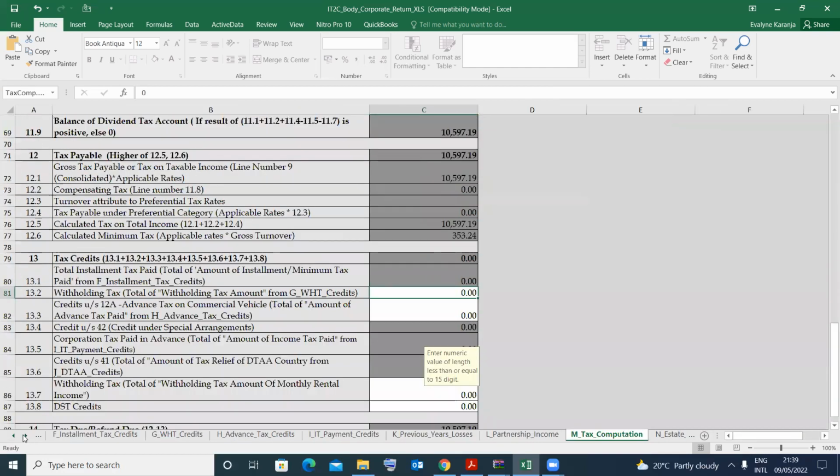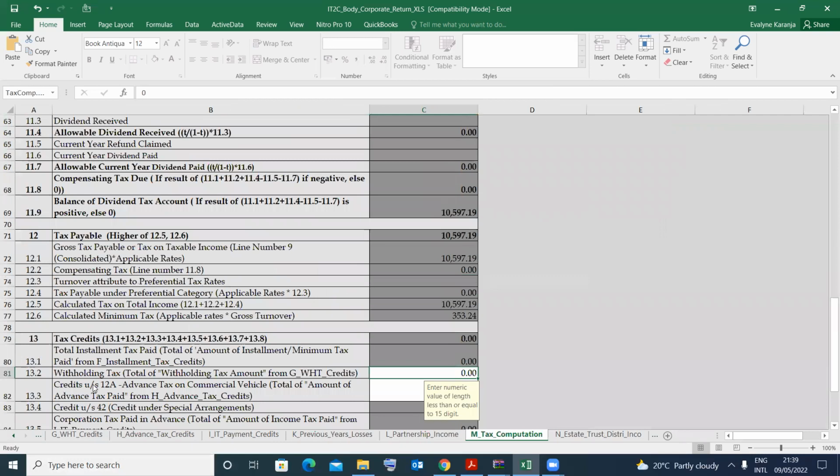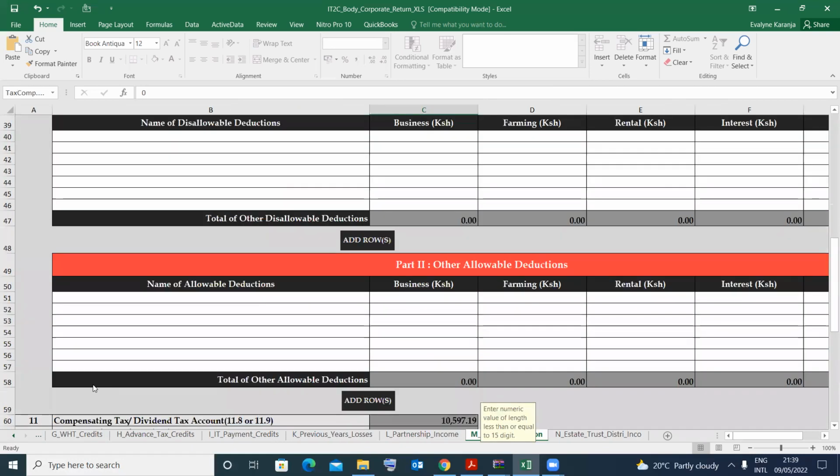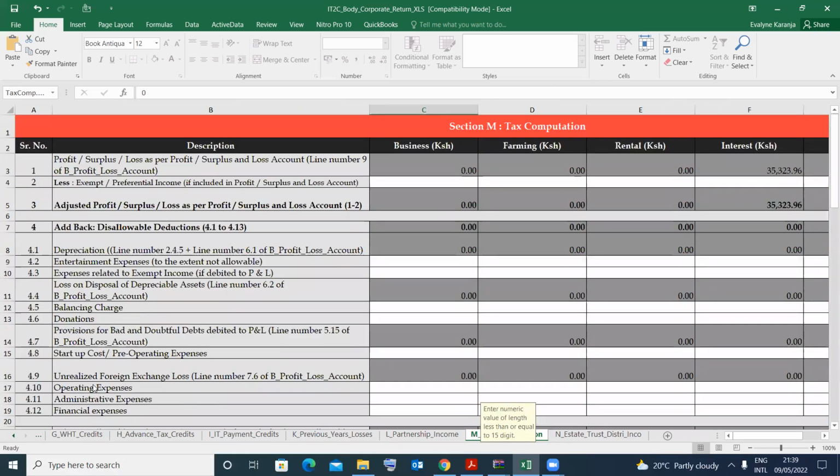So hii ndio inakupea summary of whatever we have done. Hapo itakupea summary of the profit we made, you remember it was 35,323.96.